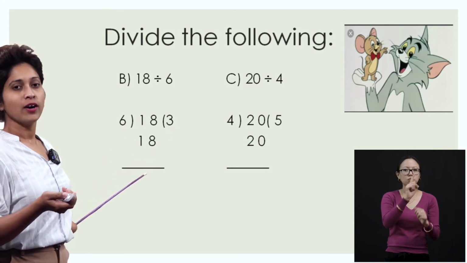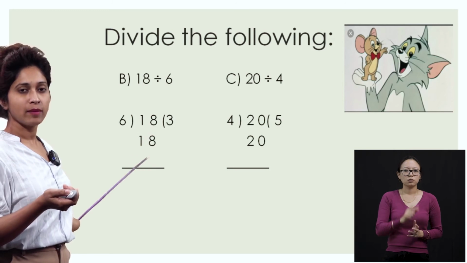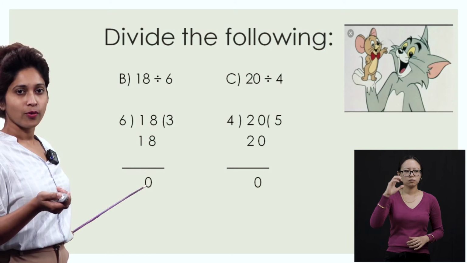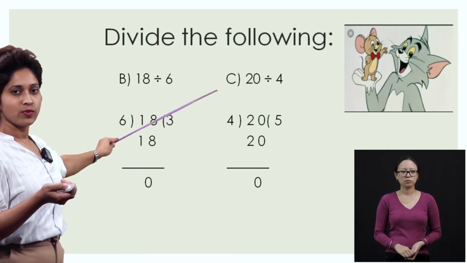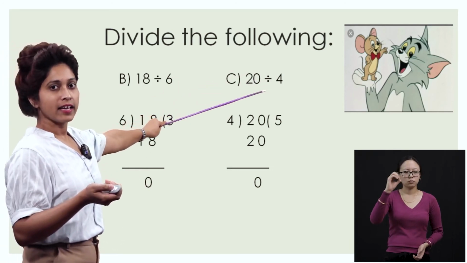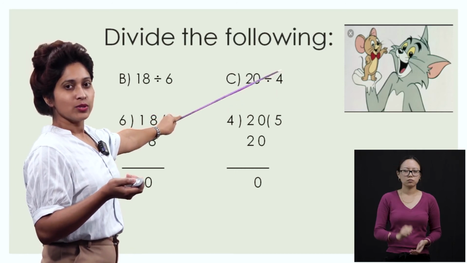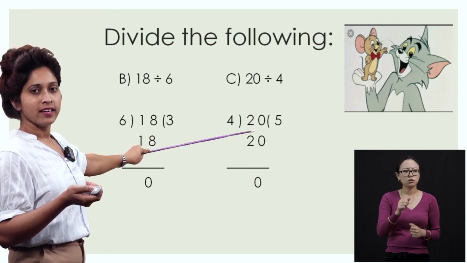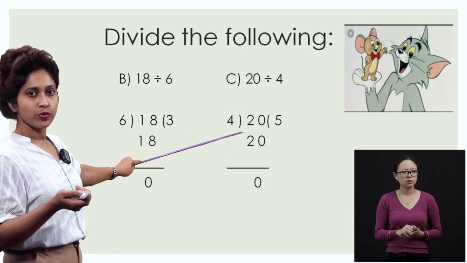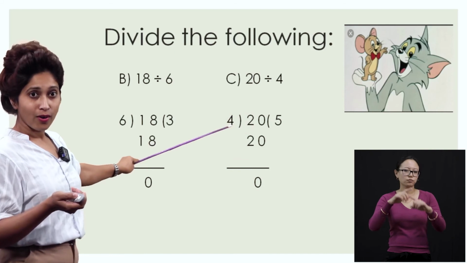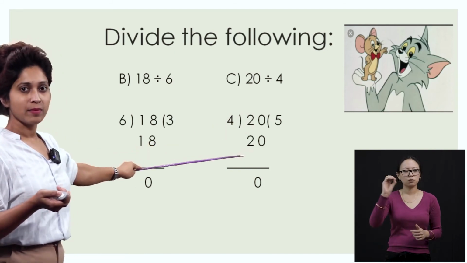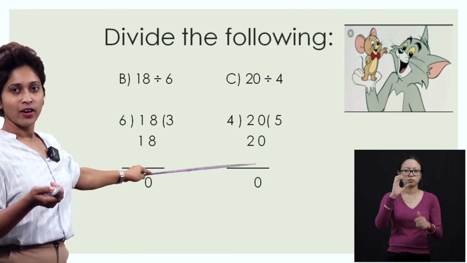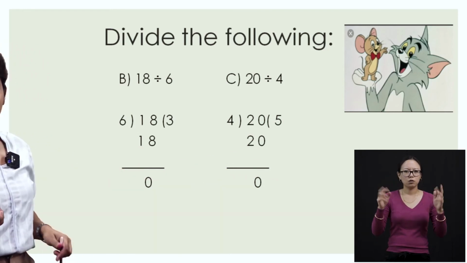Am I right? Then when you minus them, 18 minus 18, you get 0. Then the next one we have is 20 divided by 4. When you divide them, we have 5 times 20 in the table of 4, right? So when you minus them again, 20 minus 20, it will be 0. Am I right? I hope you are all clear till now.